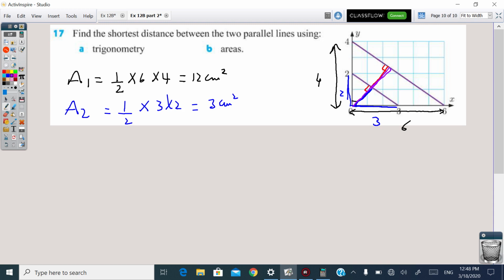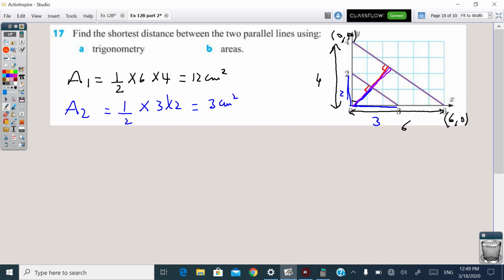So the difference in the two heights is the distance between the two parallel lines. Since we have the areas, and we can consider those to be the bases, we can calculate the heights. So let's do that. This point is 0, 4, and this point is 6, 0. What is the distance between these 2 points?